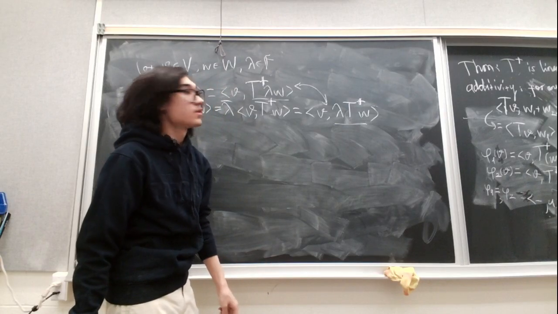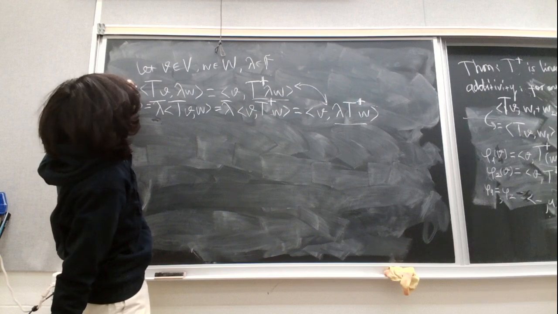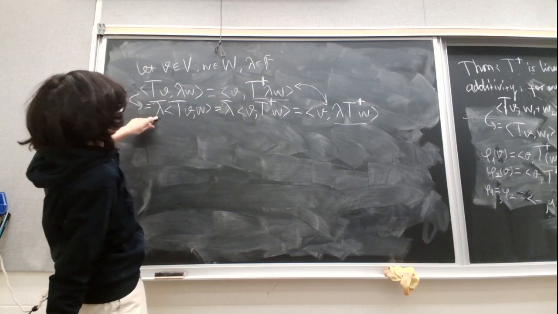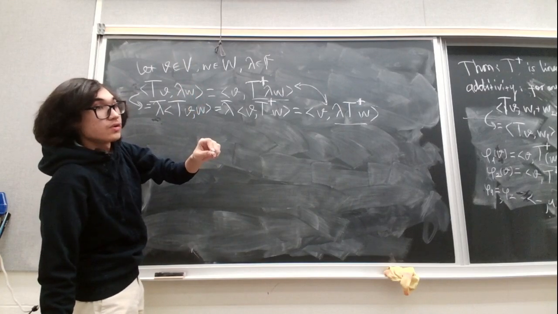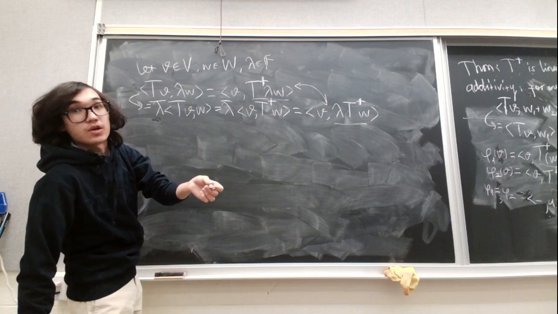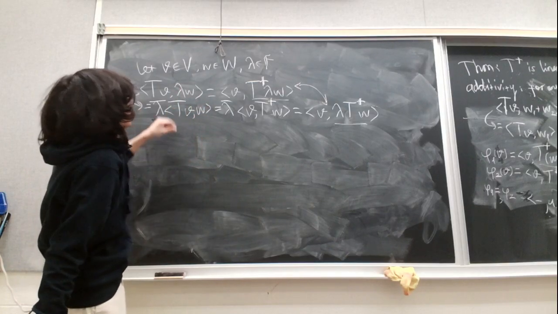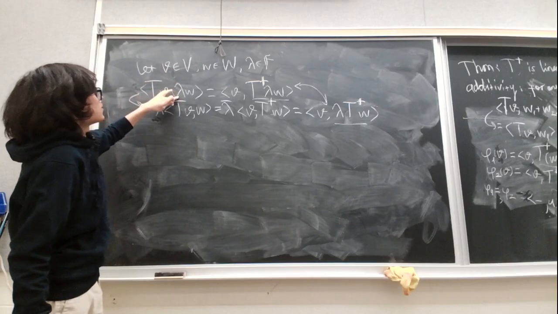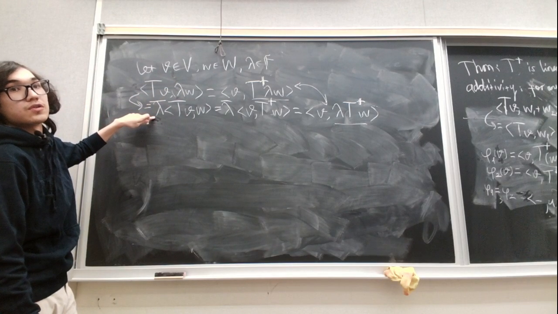What was that first step? Which one, this one? Yep. We have this, and then we apply the definition of the adjoint directly. That's by the definition of the inner product. Recall that the inner product is skew symmetric, skew linear, whatever it's called. So when you have a scalar in the second entry, then when you take it out, you get the conjugate of that scalar.